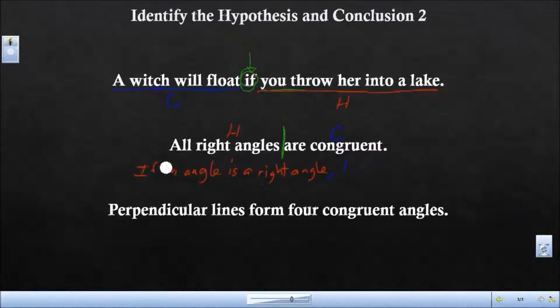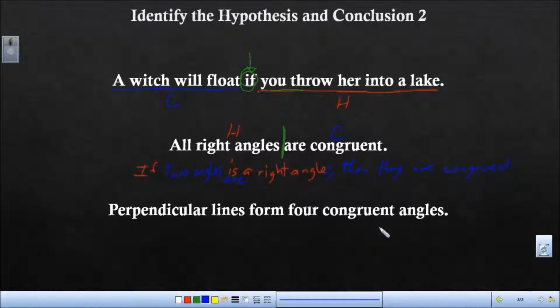We need two angles. So if two angles are right angles, then they are congruent. It works. You get what I'm talking about.